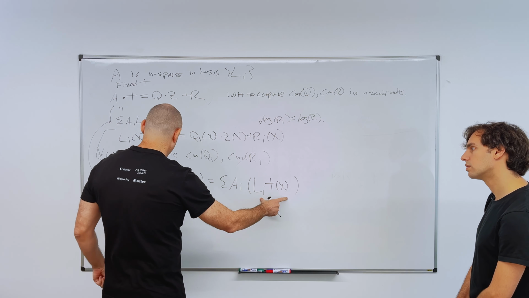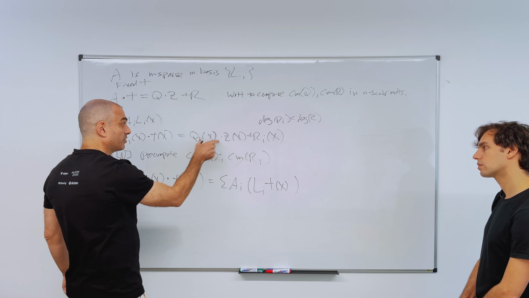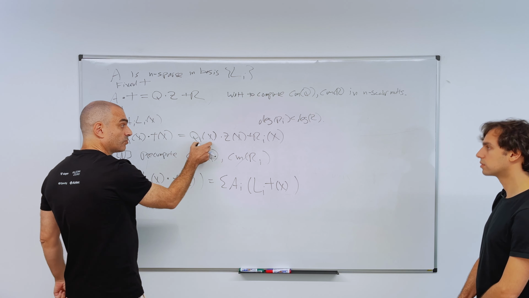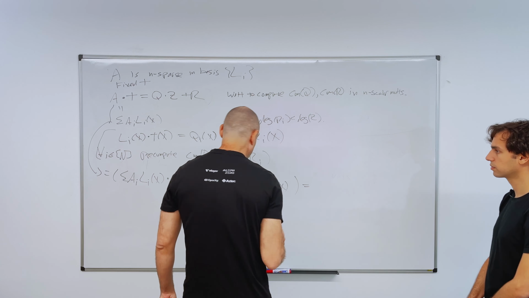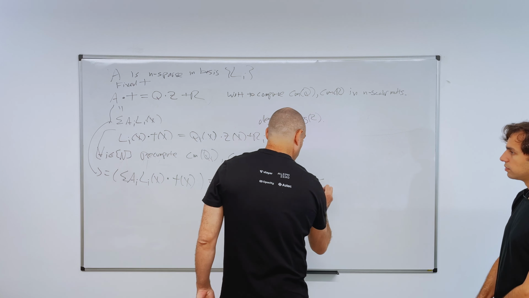And now here we're going to plug in this decomposition into quotient and remainder. So we can write this as the sum of ai times qi(x) times Z(x) plus ri(x).